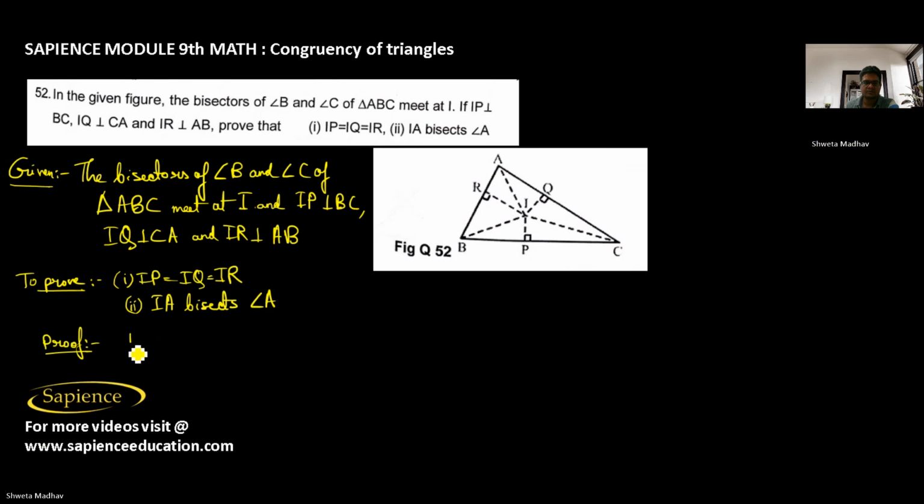So here we will say, now in triangle BIR and triangle BIP, we have angle IBP equal to angle IBR.